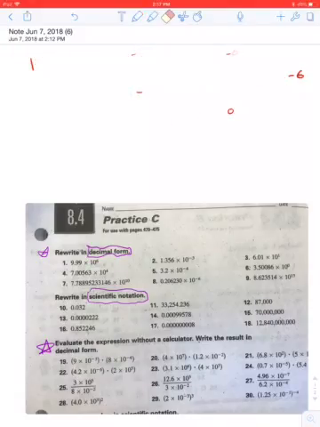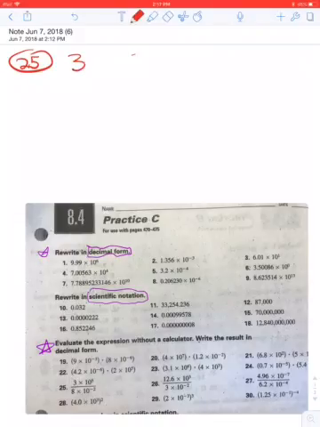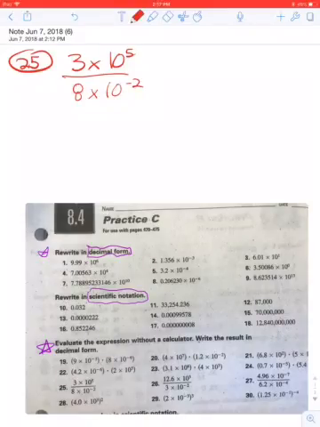Okay, for the division problems. Let's do 25. So this one is 3 times 10 to the 5th over 8 times 10 to the negative 2.